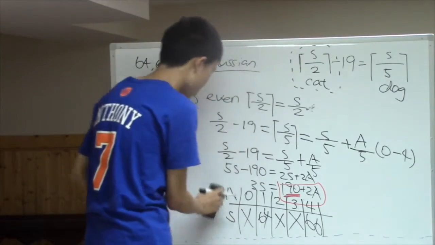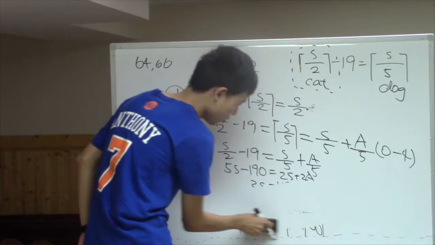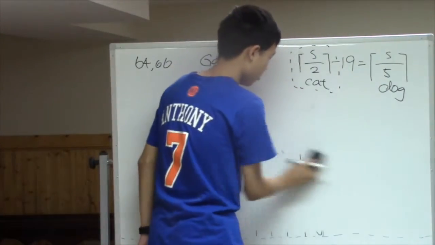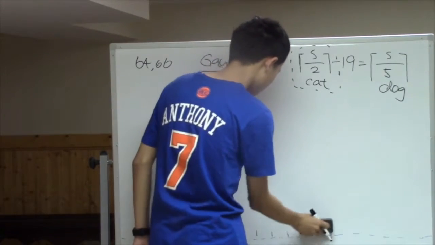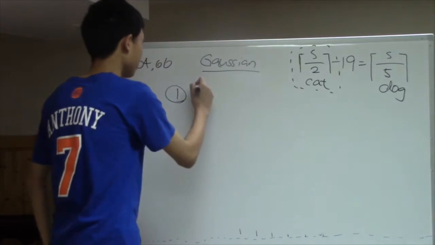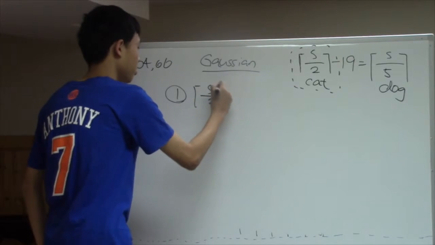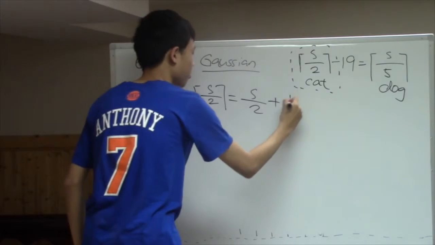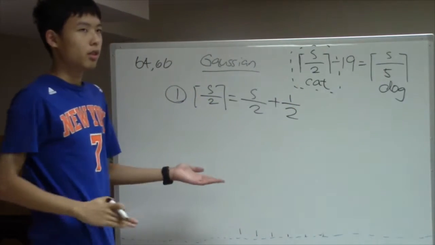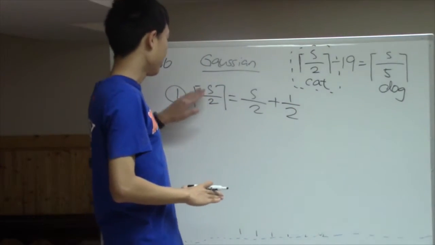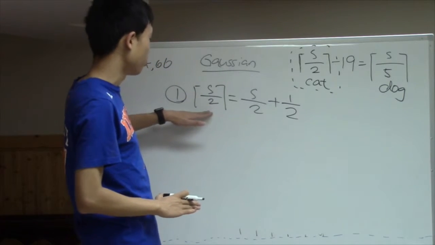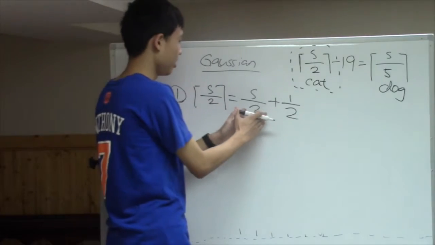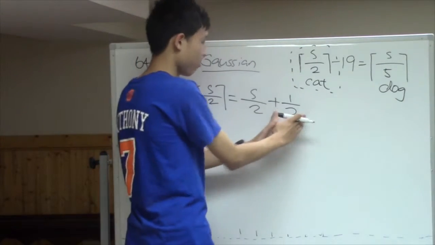Now let's work on our second case, when S is an odd number. If S is odd, then the ceiling of S over 2 equals S over 2 plus 1/2. Imagine S is 25. Then 25 over 2 is 12.5, we round it up, we get 13. So we need 12.5 plus 0.5.